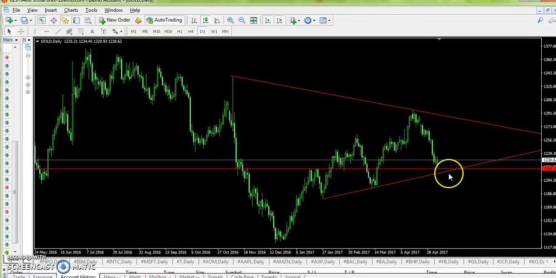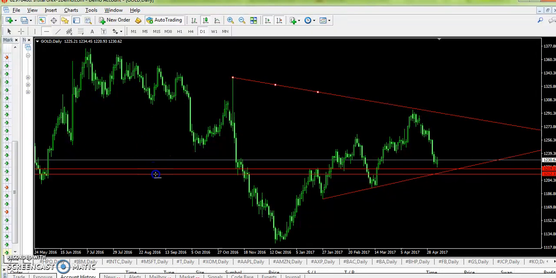So I make this pattern, and whenever in the upcoming days it breaks these levels, I'm going to act. Okay, so this is my trade.